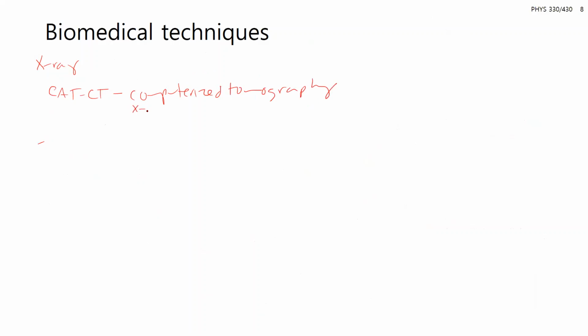So this is using X-ray imaging with a scanning geometry similar to MRI. So you can get information, both 2D, but more importantly, 3D images of the X-ray attenuation.